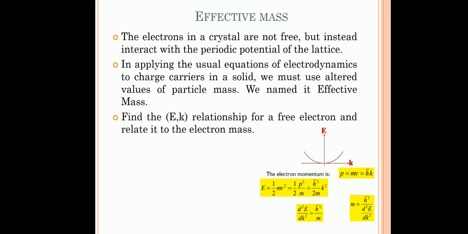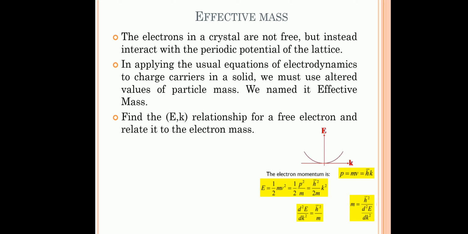A crystal consists of different particles, and the electrons in a crystal interact with those particles. Due to this interaction, the mass of an electron in such crystals is different from the mass at rest. So the mass of an electron in a crystal is altered, and we use altered values of mass, called effective mass.